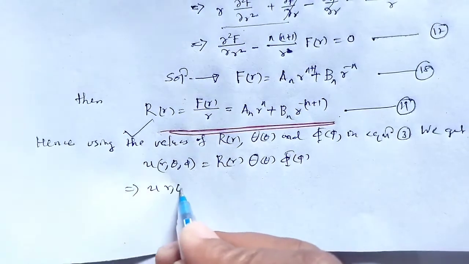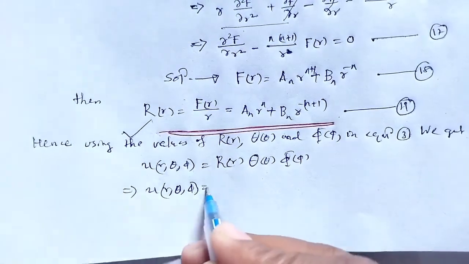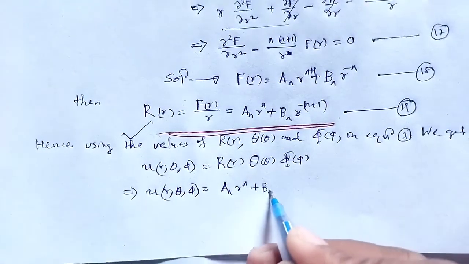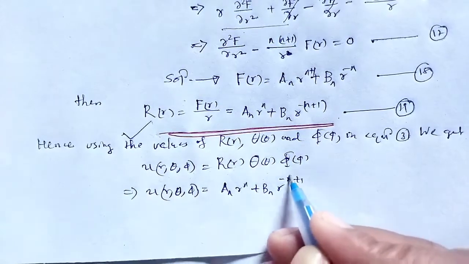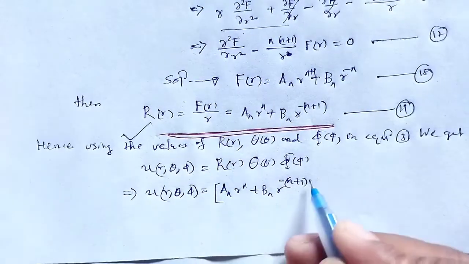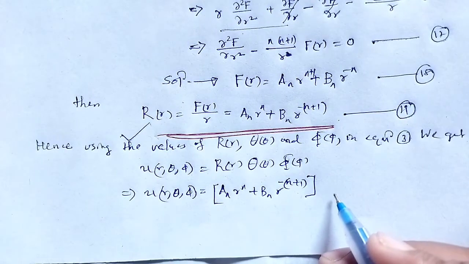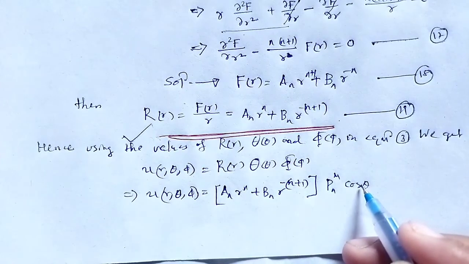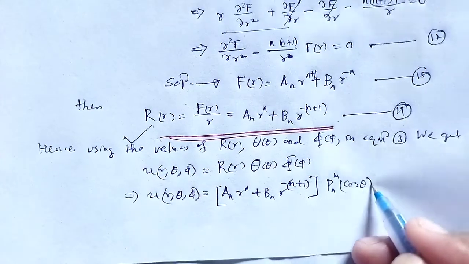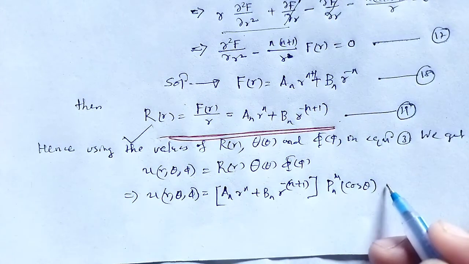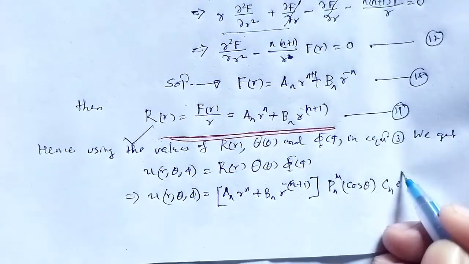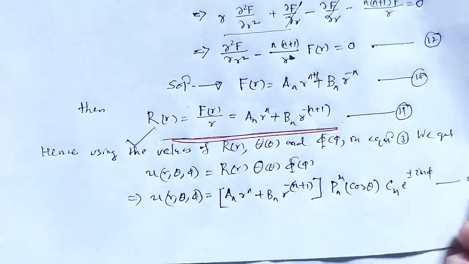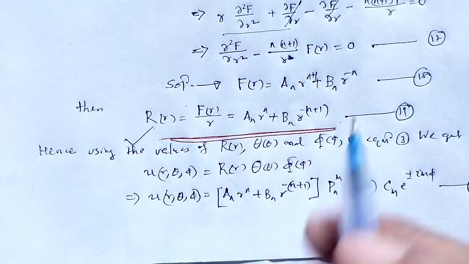Here u of r, theta, phi is equal to a n r to the power n plus b n r to the power minus n plus 1, P n m of cos theta, and finally c m e to the power plus or minus i m phi.